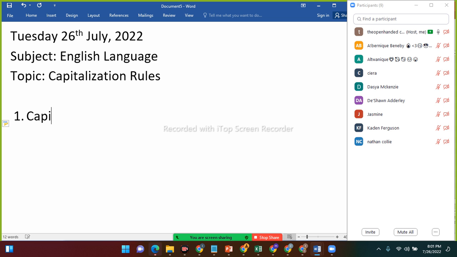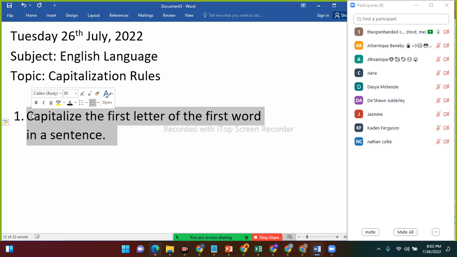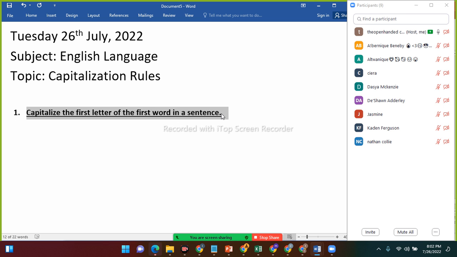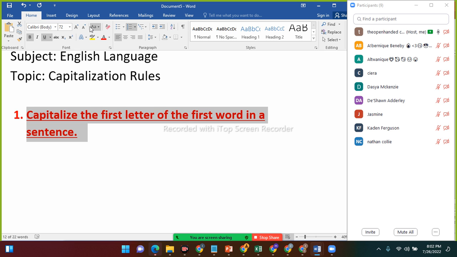It is to capitalize the first letter of the first word in a sentence. That's one of the more common ones, not the first thing you learn, but I'm hoping that you know that one. It should be familiar to you.